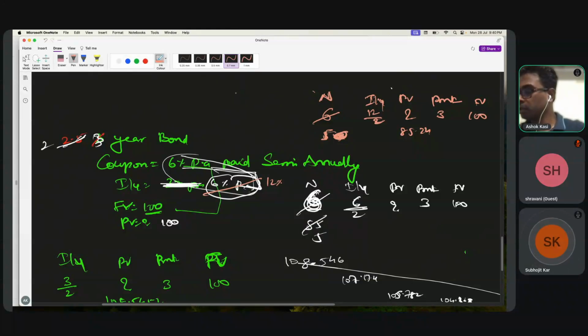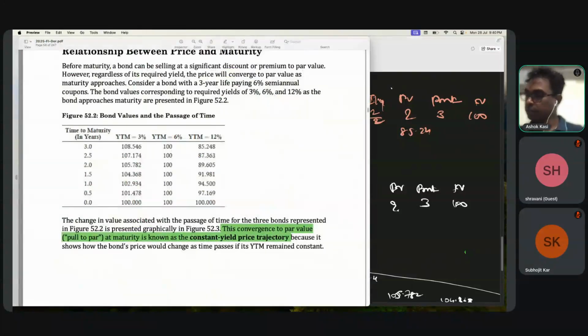Because initially 3 years, then 2.5 years. This will be 6 and this will be 5. Okay, so 87.36. Yes, that is matching here, right?